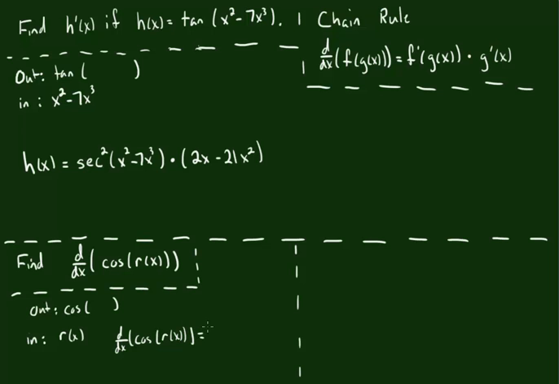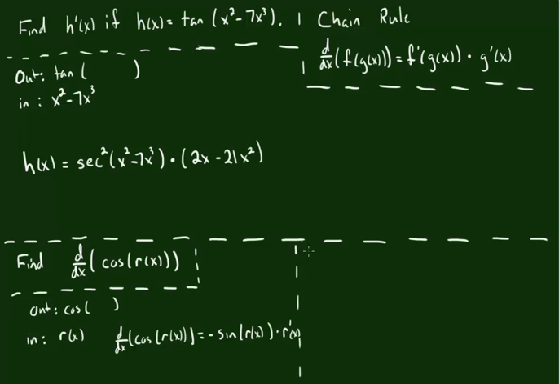So the derivative of that is just going to be the derivative of the outside, we leave the inside alone, times the derivative of the inside. And there we go. So we've now taken the derivative of this, no problems.